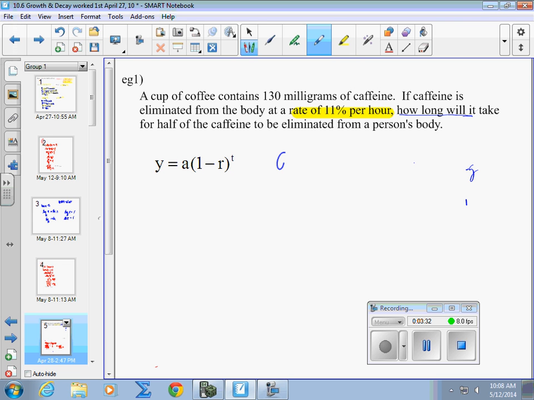So A is equal to the amount. R is the rate.